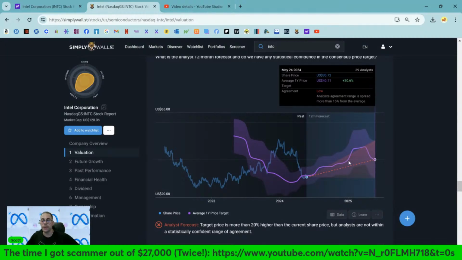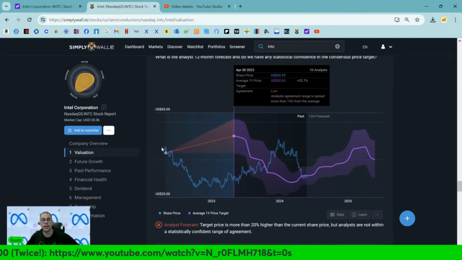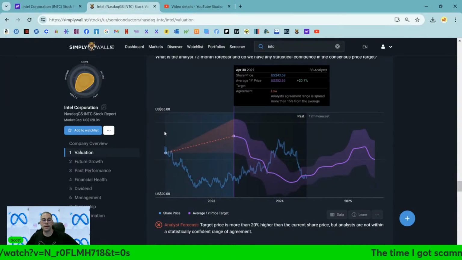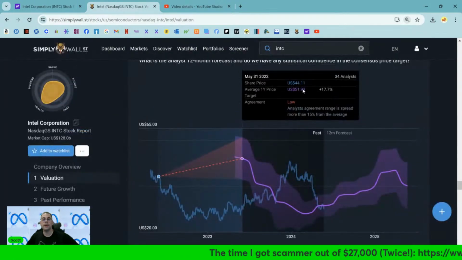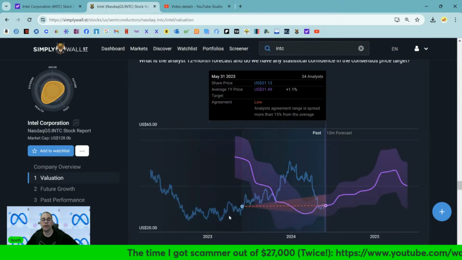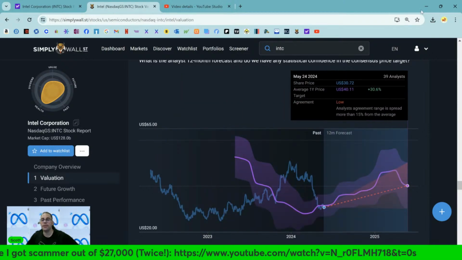Simply Wall Street has all these analyst targets, and it changes over time. In 2023, the analyst target was $52. The 1 year target was 44. And you can see over time where the analyst target moves.